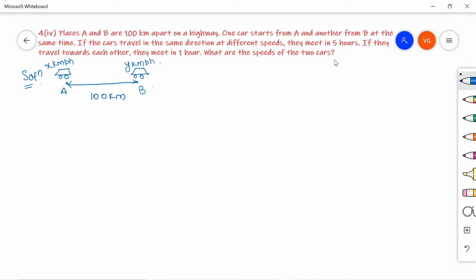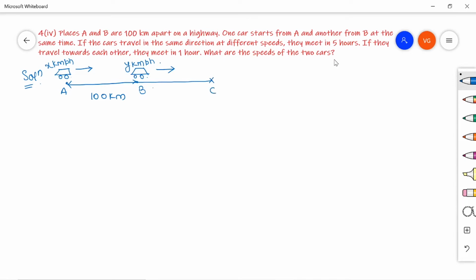If the cars are traveling in the same direction, suppose both are traveling to the right side, then they meet in 5 hours. Somewhere at point C they meet.